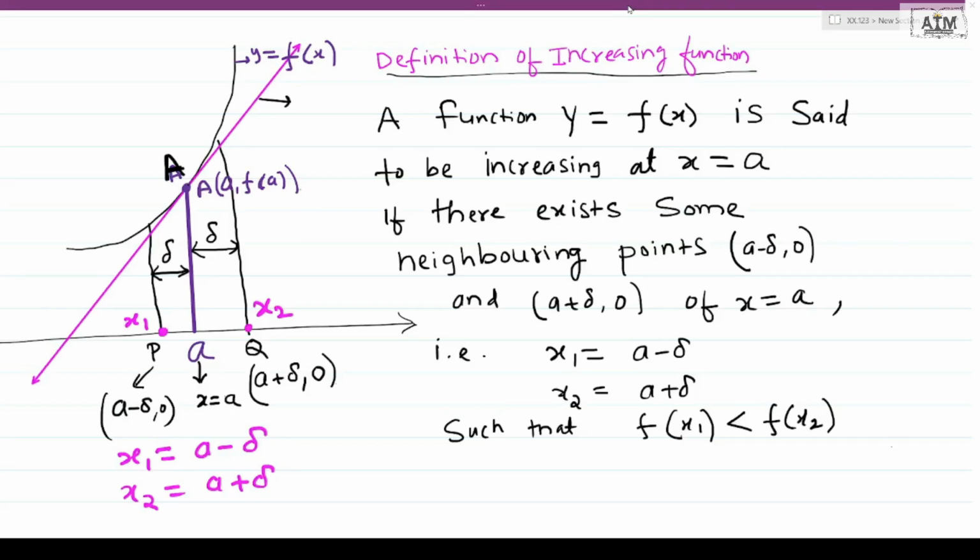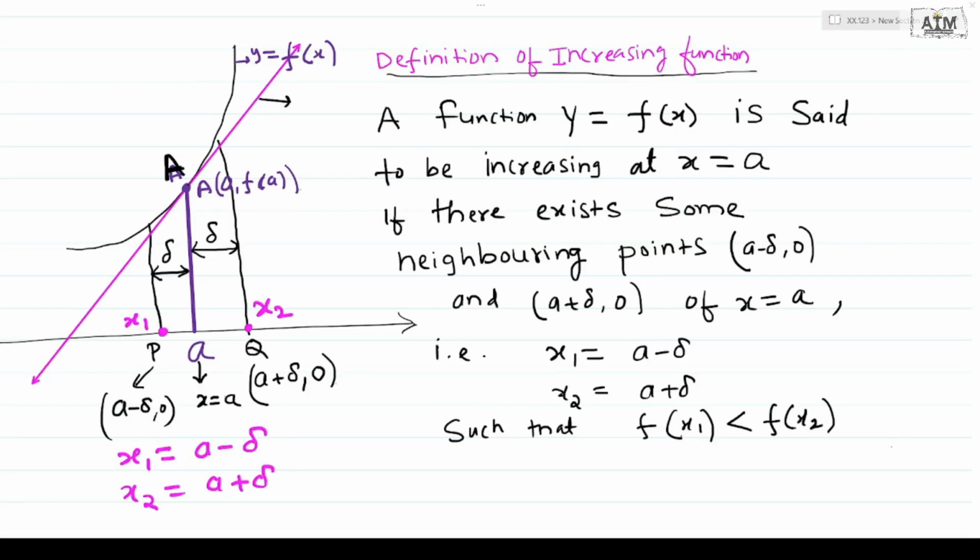After all this discussion, let us define what exactly an increasing function is. Definition of increasing function: we have a given function y equals to f of x, for which we have drawn this graph. And we had x equals to a. This point is x equals to a.